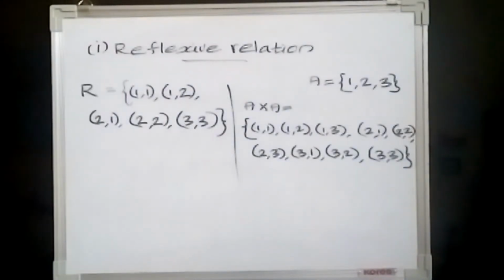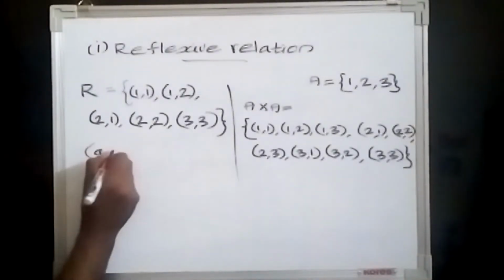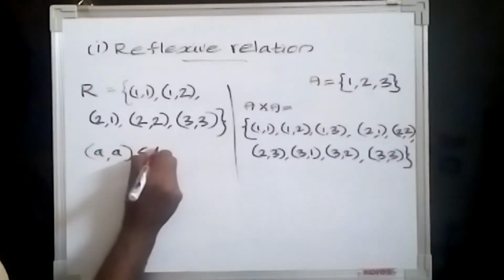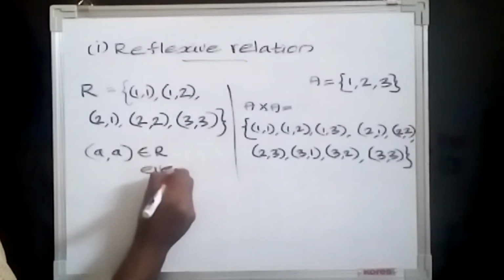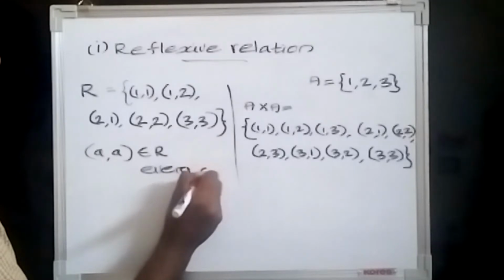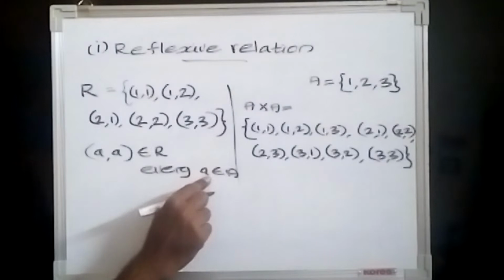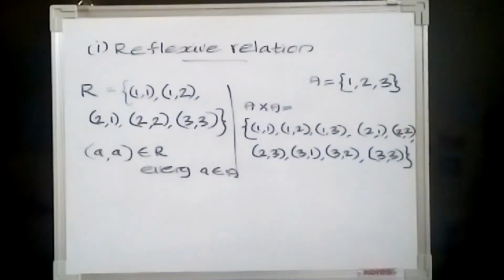And we have defined what a reflexive relation is. A reflexive relation is a relation in which the ordered pair (a, a) belongs to R for every a belonging to capital A. If for every element in A, (a, a) belongs to R, it is a reflexive relation.